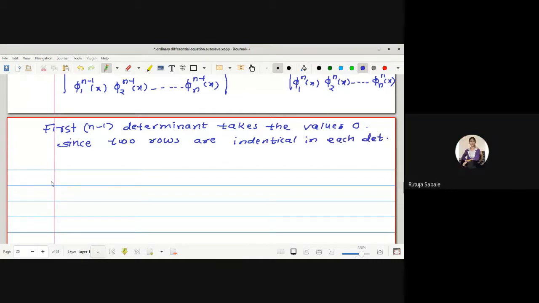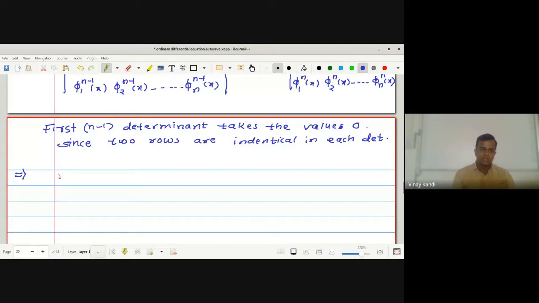It implies w dash of phi 1, phi 2, up to so on, phi n of x is equal to what we get? The determinant of phi 1 of x, phi 2 of x, up to so on, phi n of x.